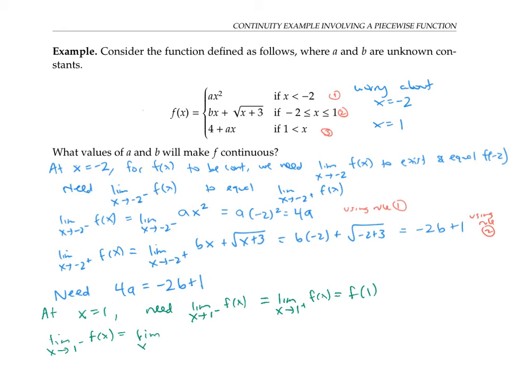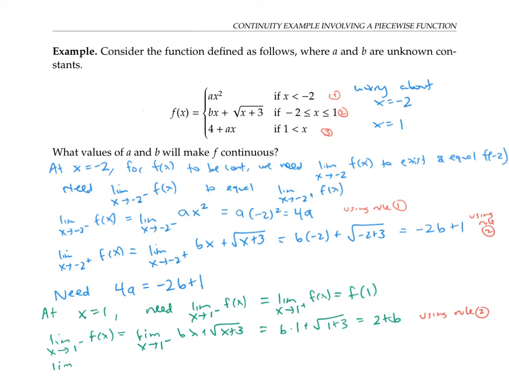That's the limit as x goes to 1 from the left of bx plus the square root of x plus 3. We're using Rule 2 because we're evaluating 1 from the left through x values slightly less than 1. Once again, we can evaluate the limit by plugging in and getting b times 1 plus the square root of 1 plus 3, that's 2 plus b.